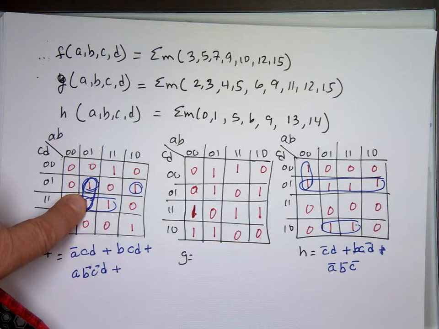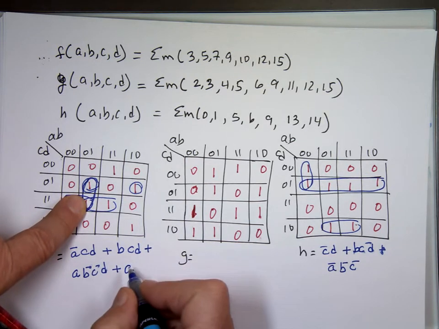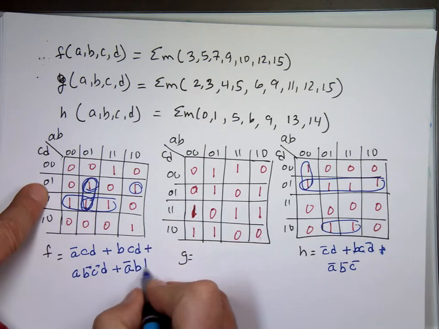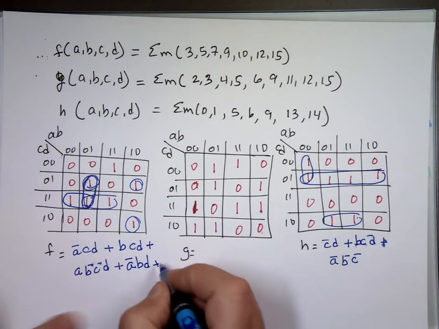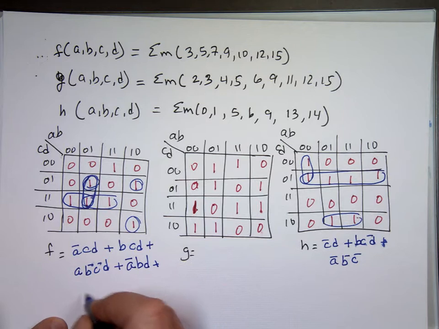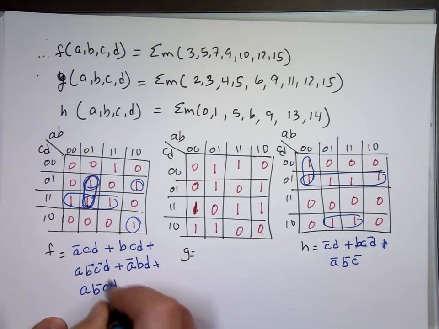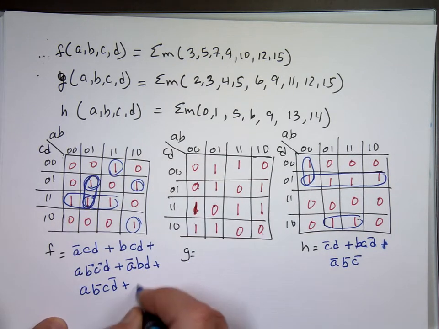So that'll be A bar, B, and D. This one by itself, which is A, B bar, C, and D bar. This one, A, B, C bar, D bar.